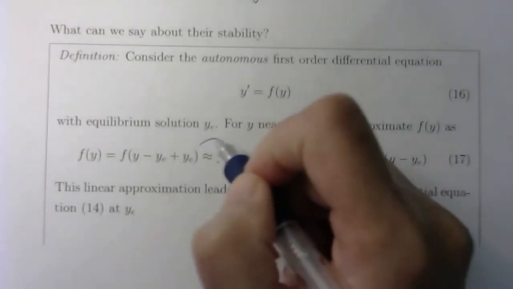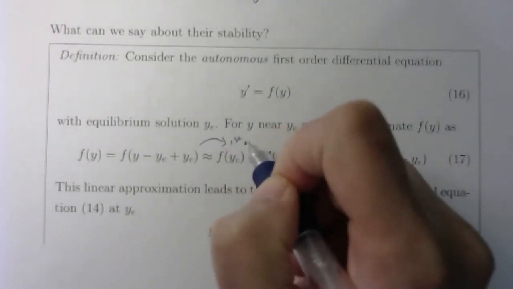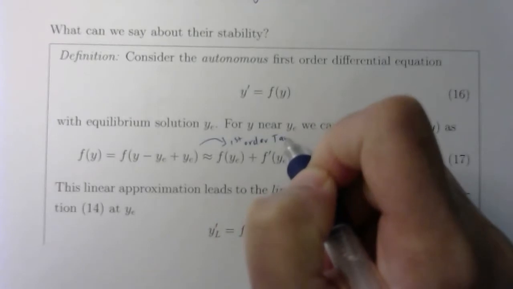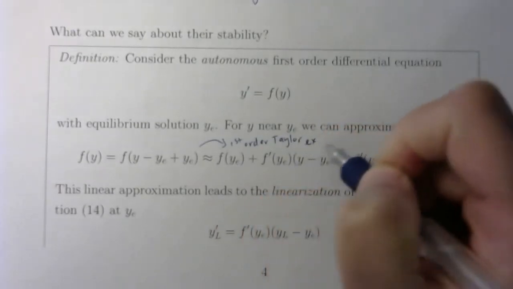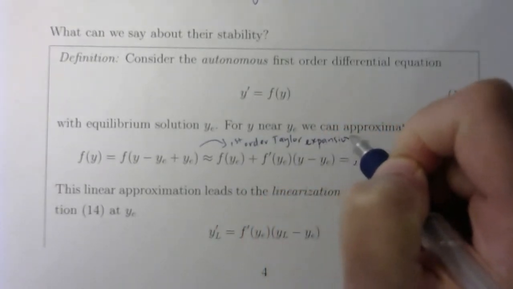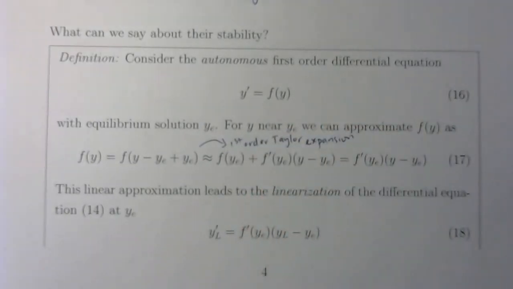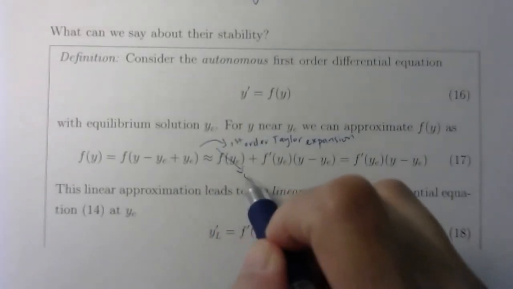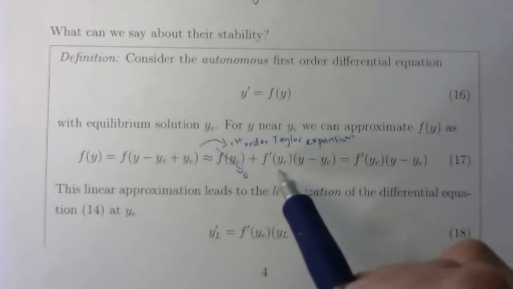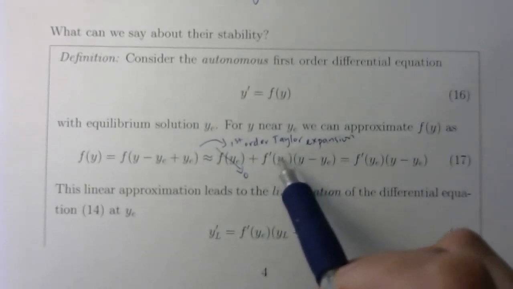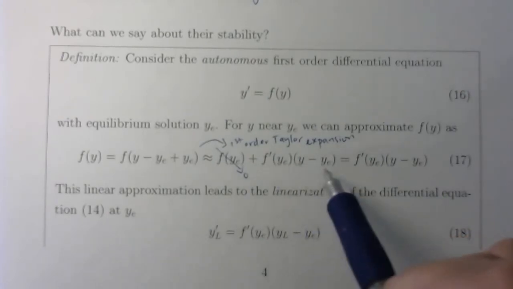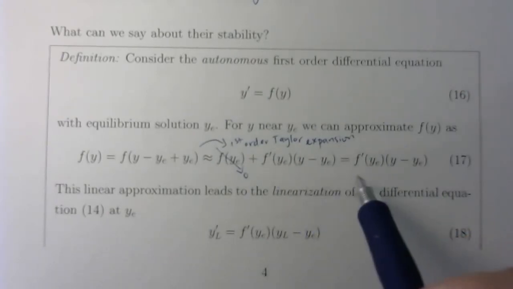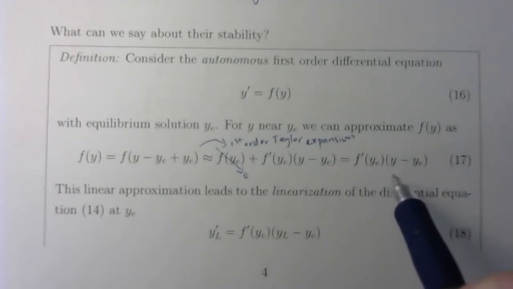This is a first order Taylor expansion. And if I do that, that's just the function value at the equilibrium. We remember what that is, that's 0 by definition. And then added to f prime of y at the equilibrium y_E, times y minus the equilibrium. So I'm just left with that second summand here.